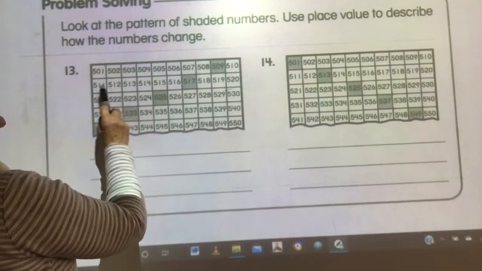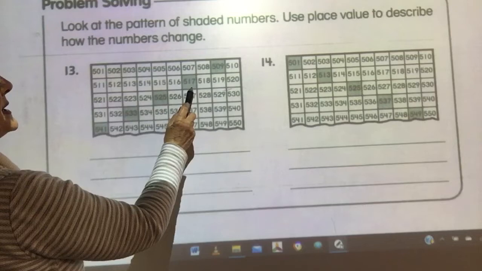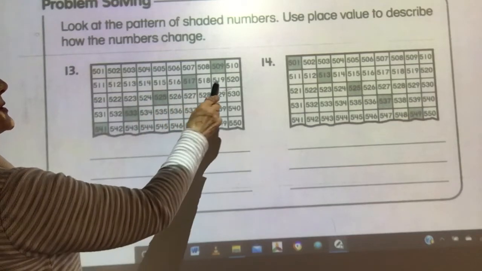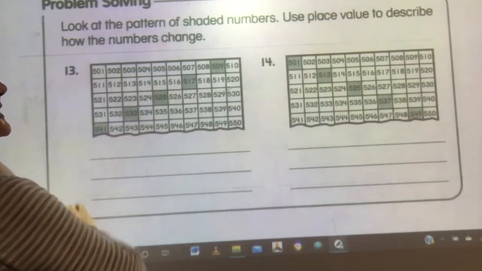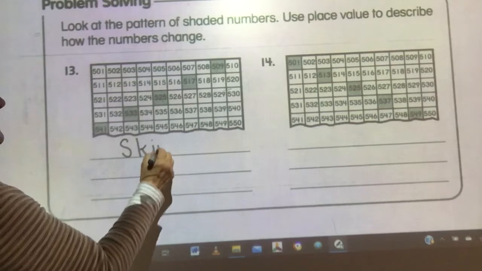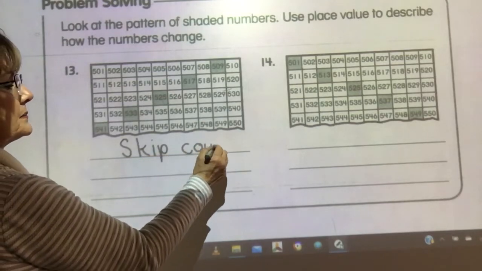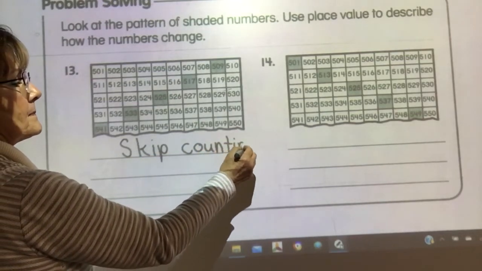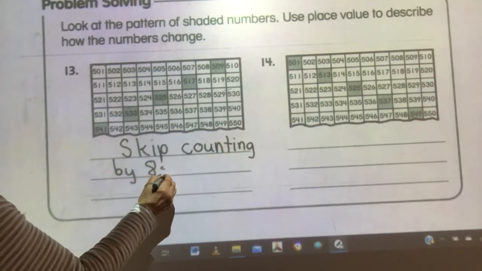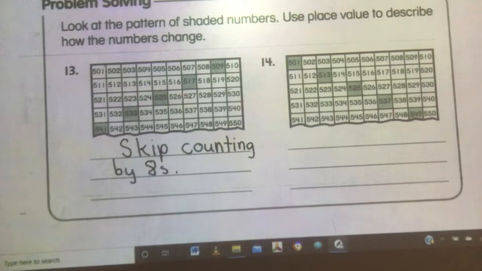Well, it'll be 1, 2, 3, 4, 5, 6, 7, 8. Counting by eights. 9 plus 8, 17. So I would just say skip counting by eights. Okay, that should work.